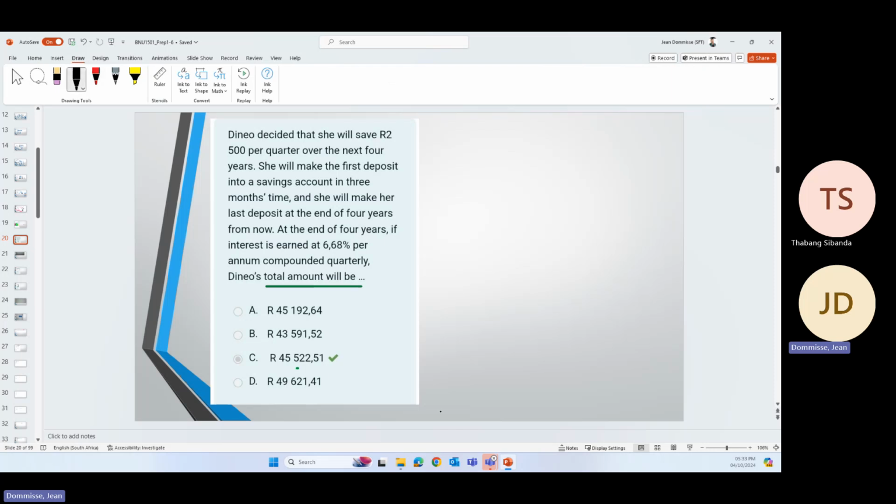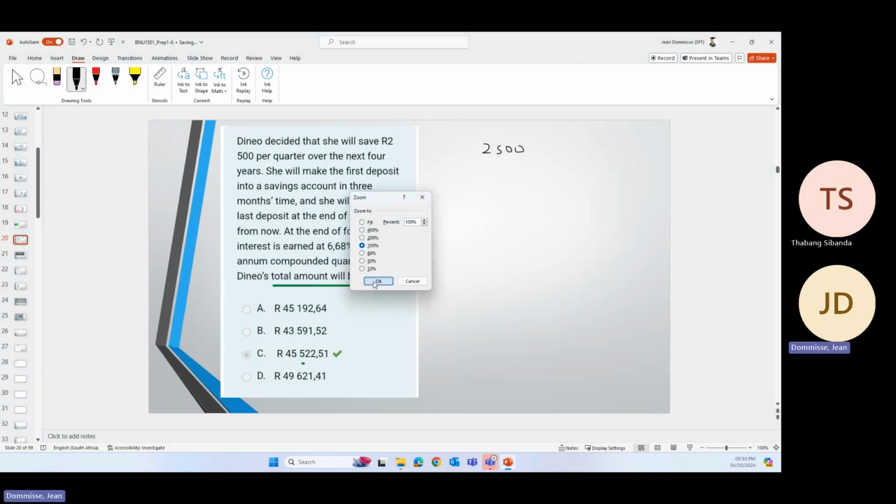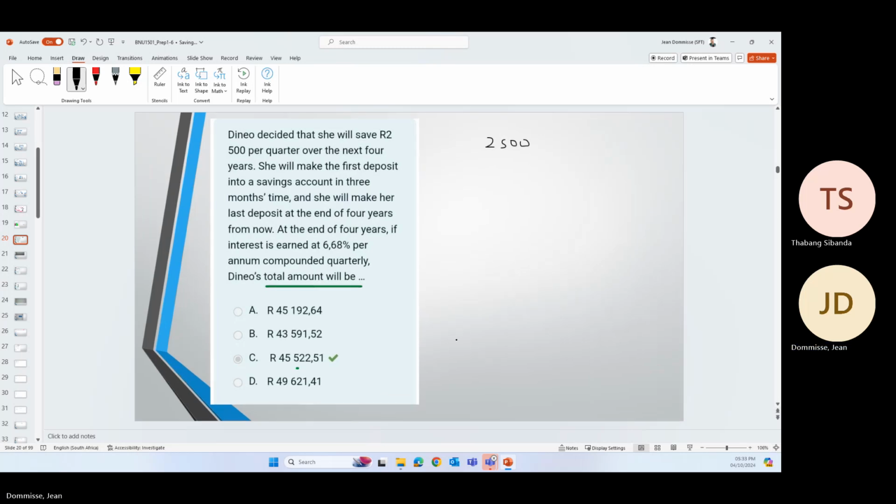Let's just write 2,500. 2,500 per quarter over the next 4 years. So it will be a monthly or quarterly payment. So that will be your PMT.